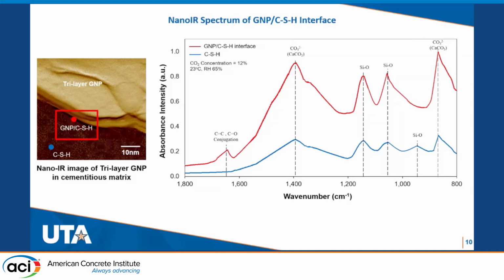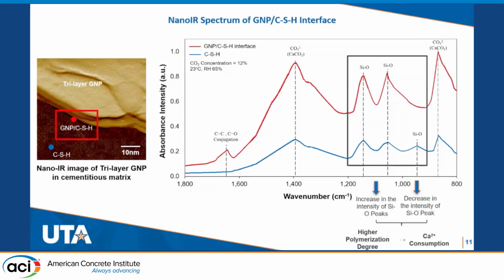See, everything is increased. Change in intensity, which is actually a huge change in intensity. Not only the carbonates, though, but we see also a change in intensity of the silicon-oxygen bonds. Why? You will probably be wondering, because we were wondering ourselves.